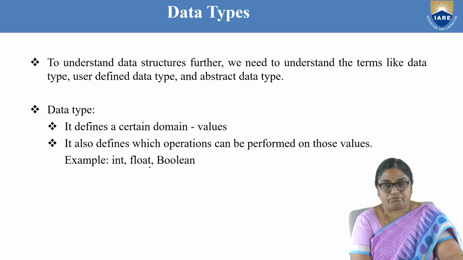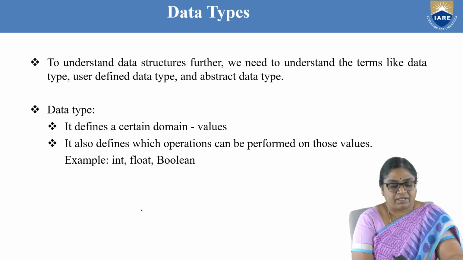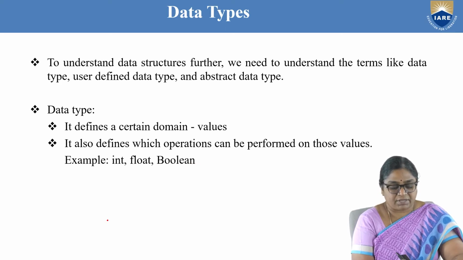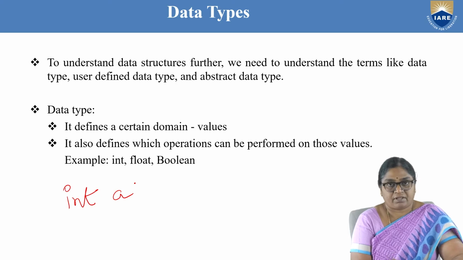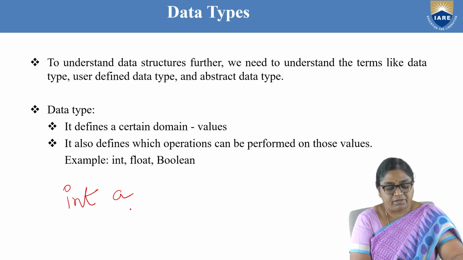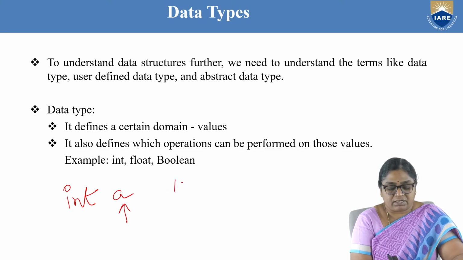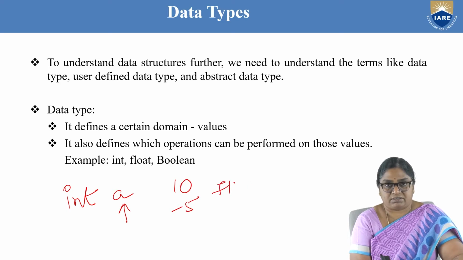Examples: int, float, boolean, etc. Let us take some example. Suppose if I'm having a variable int a, then in this variable I can store values which are of type integers, both positive and negative. I can store 10, -5, 71, etc. in a.